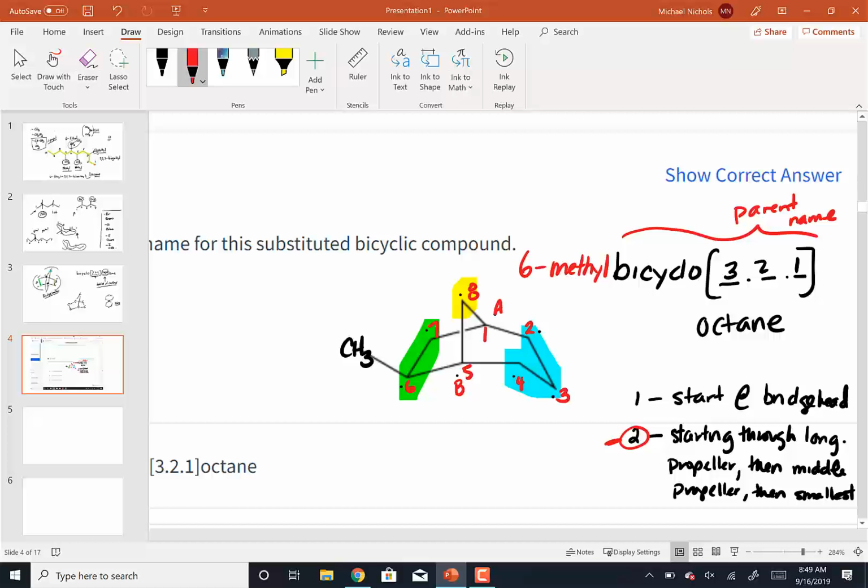So it just comes before that. But the goal here is to give the first alphabetized substituent, or in this case, the only substituent, the lowest number.